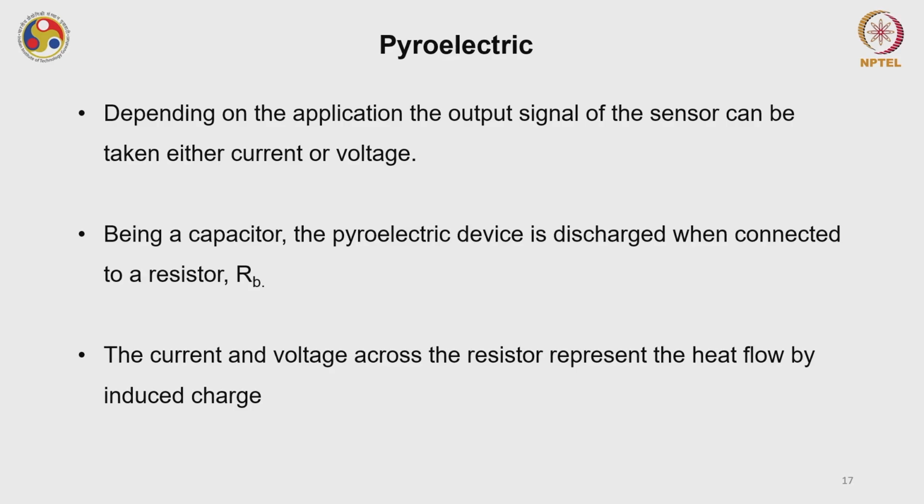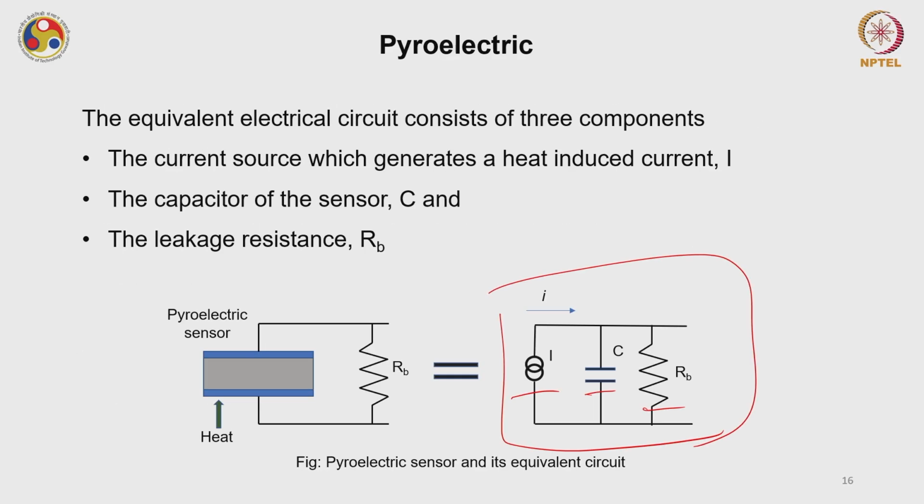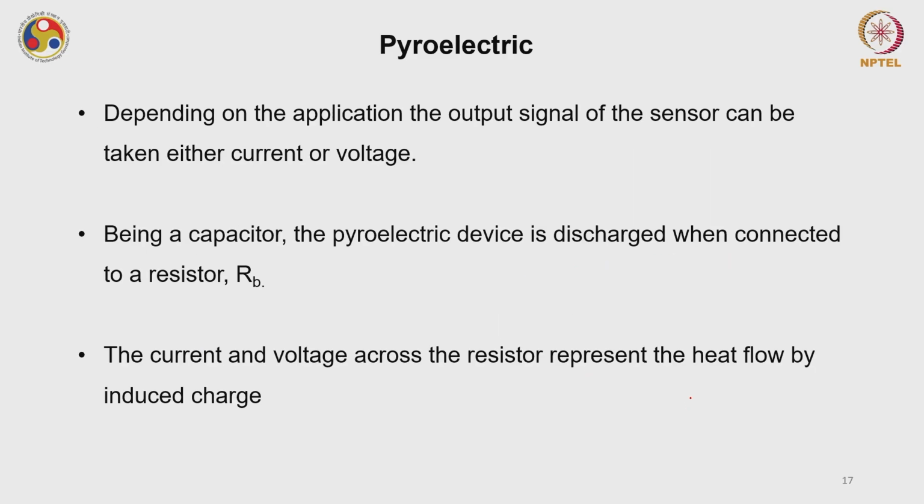You do not have to worry much about the input behavior of the interface circuit that you are going to use, because it can take both current as well as voltage depending on how you connect it. In this diagram, you simply have a current source, which is dependent on heat and other things, and a capacitor and RB in parallel.